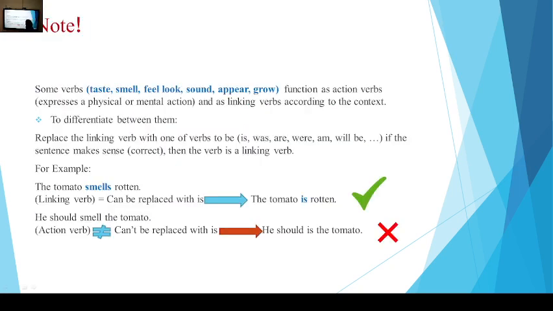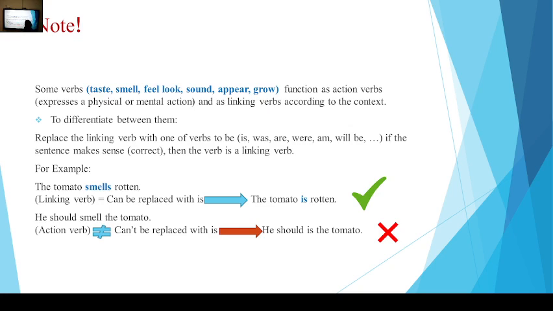Some verbs like taste, smell, feel, look, sound, appear function as action verbs and as linking verbs. So how can we differentiate between them? Look at these two examples. The tomato smells rotten. In order to know whether the verb is an action verb or a linking verb, replace it with one of the linking verbs, like is, will be, was, whatever. So the tomato is rotten.